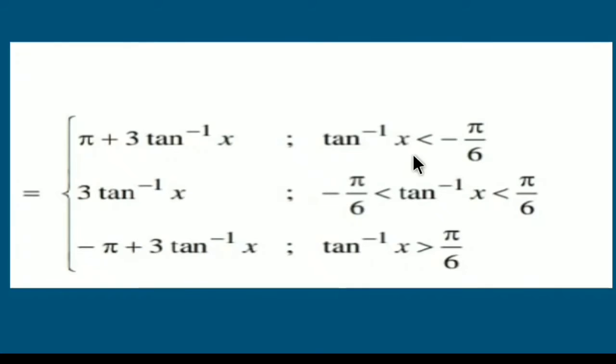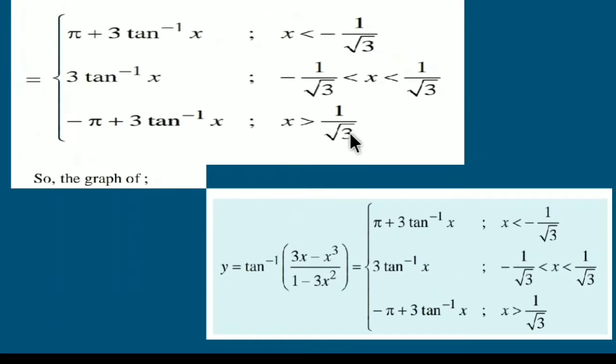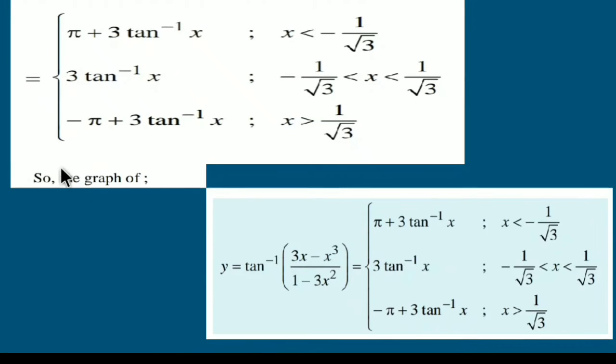So tan inverse x less than minus pi by 6 means x is less than minus 1 by root 3, and x lies between minus 1 by root 3 to plus 1 by root 3, and x greater than 1 by root 3 gives minus pi plus 3 tan inverse x. So this is 3 tan inverse x, pi plus 3 tan inverse x, and minus pi plus 3 tan inverse x. So the graph of this function will be defined by this result entirely.